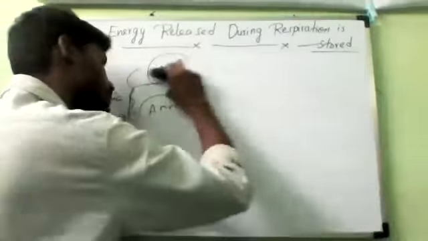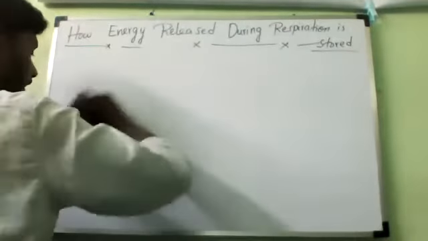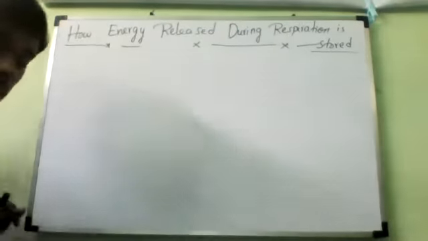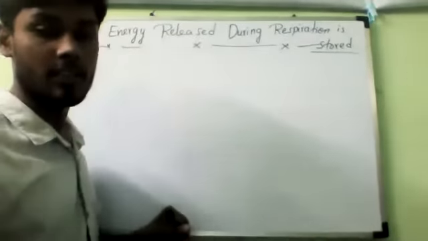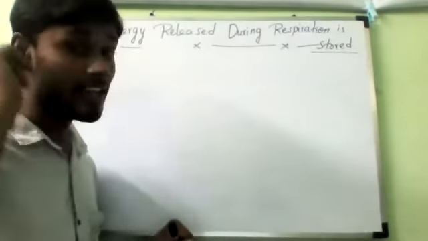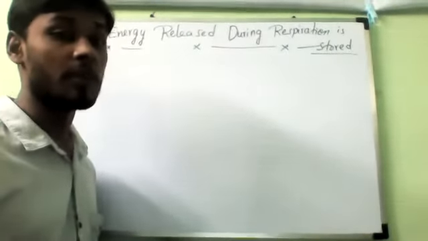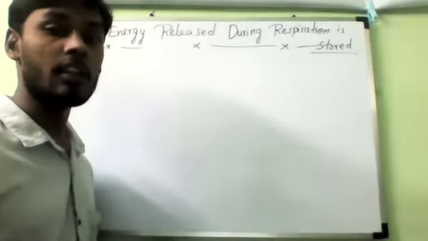Now, shall we go for the first process? First process: releasing energy from ATP. Understand? First ADP, lower energy cells, later ATP, higher energy cells. The energy released during respiration is used to make ATP molecules from ADP and inorganic phosphates.